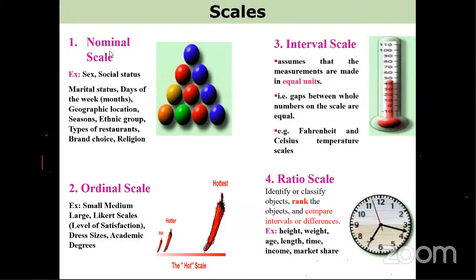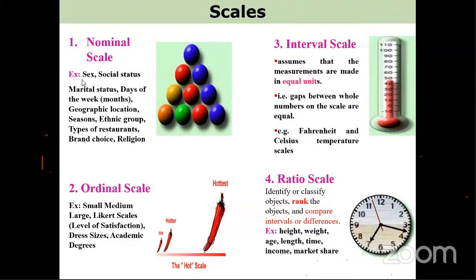Okay, the nominal scale. By seeing this diagram itself, what do you understand? There are different kinds of balls of different colors, representing that they are different in color. What happens when you go for a nominal scale?